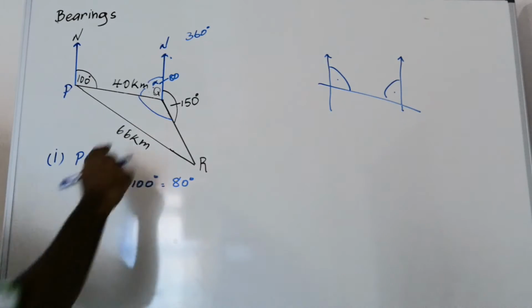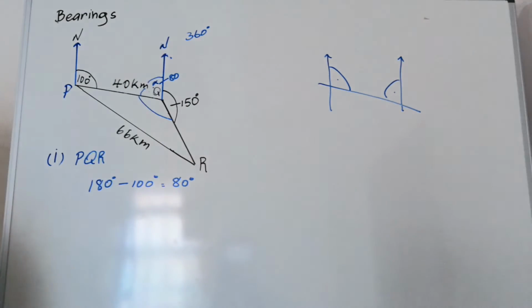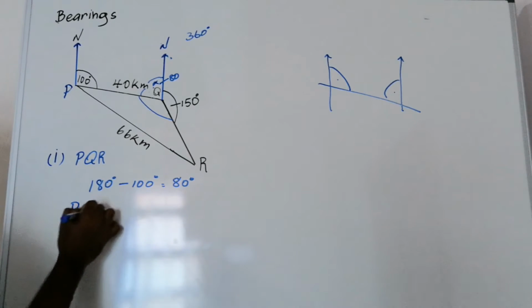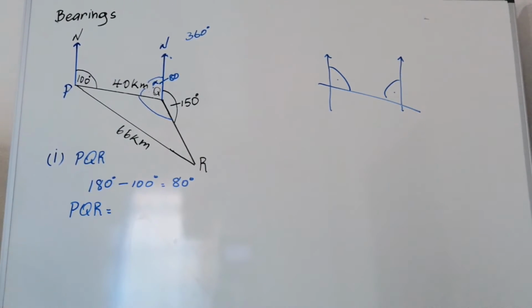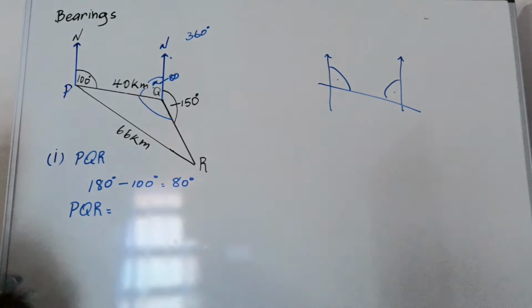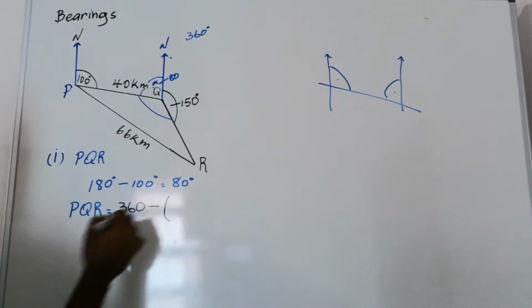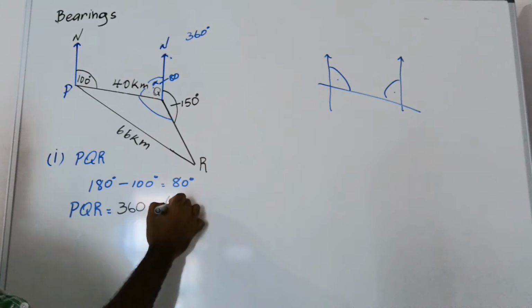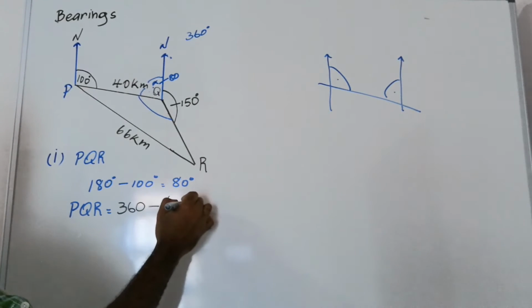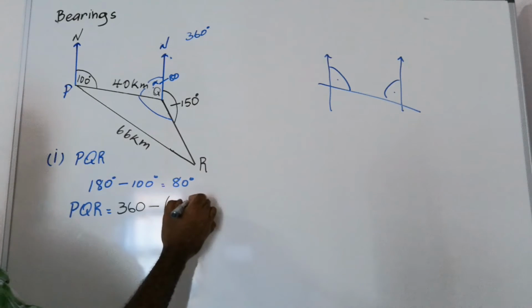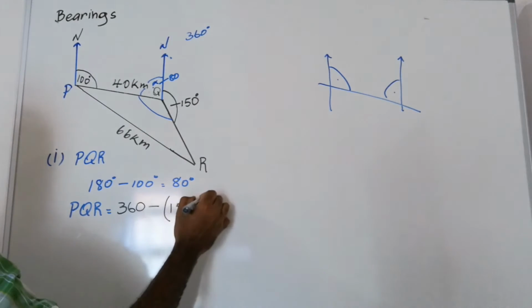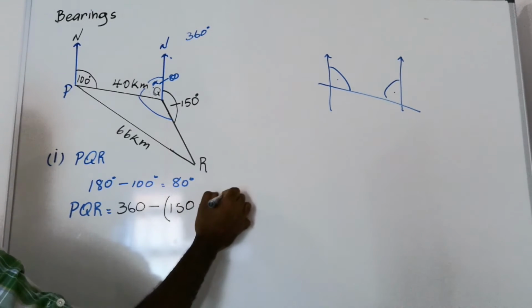And remember we said that the sum of these three angles will give us 360. So PQR will be equal to 360 degrees subtract 150 degrees plus 80 degrees.